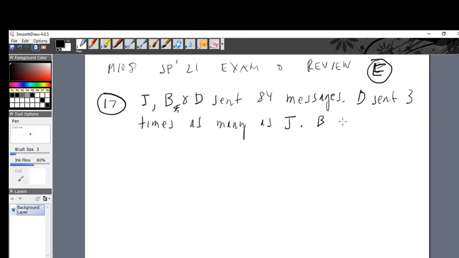Here's some information about B. B sent 9 more, meaning 9 more messages than J. So that's information about B relative to J. How many did each send?